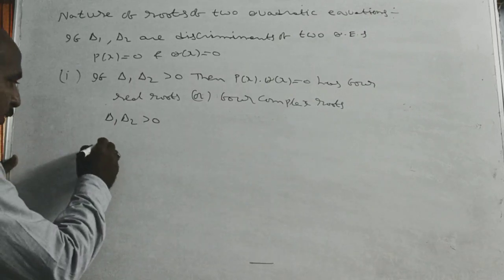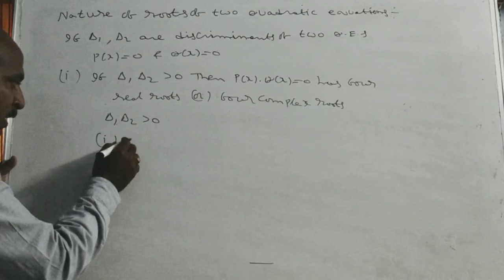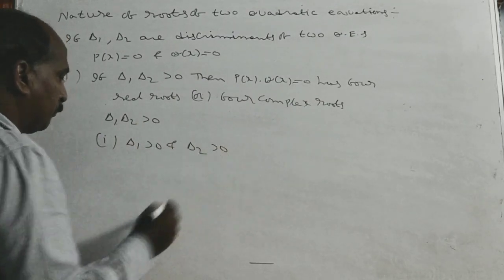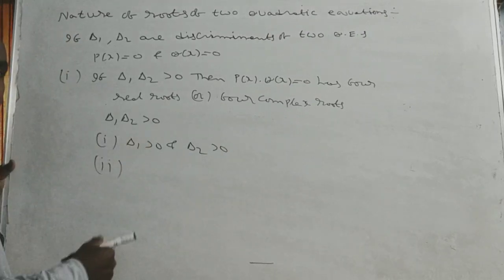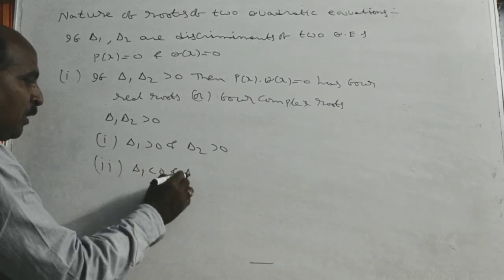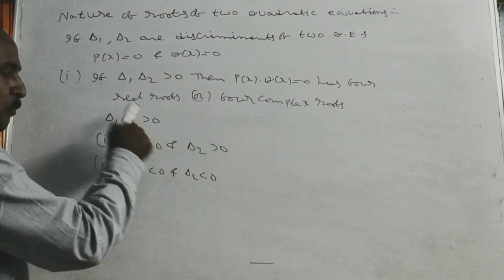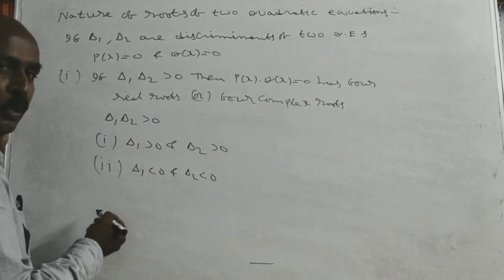First case is product positive, means both are positive, that is delta 1 positive and delta 2 positive. Second case is product positive, means both are negative, delta 1 negative and delta 2 negative. Negative into negative, positive, positive into positive, positive.